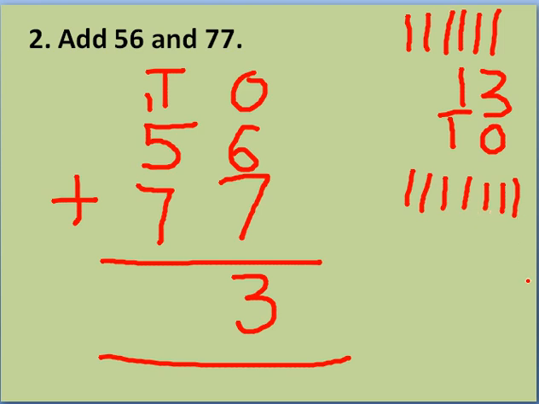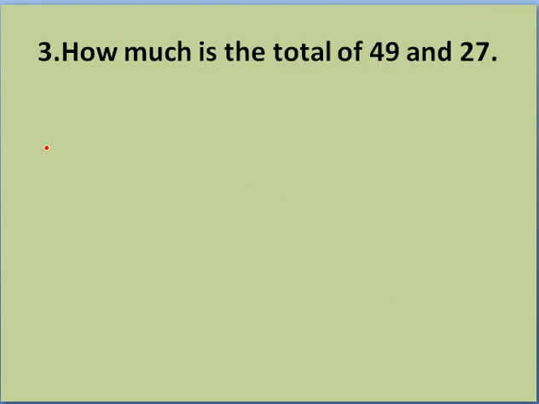We got 13 again. Now this 13 can be written here like this. Okay, 3 is below tens place and this one comes to hundreds place. Okay, so adding 56 and 77, what we are getting? 133.